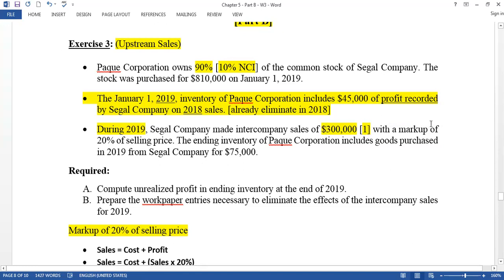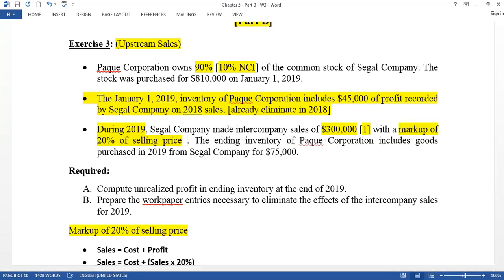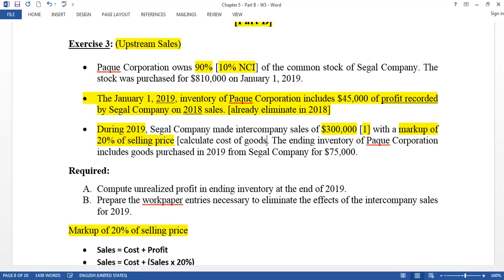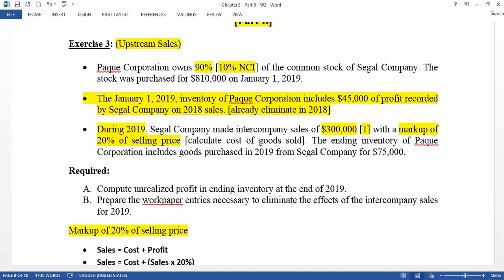When the subsidiary company sells to the parent, how do they determine the selling price? They said that it is with a markup of 20% on selling price. That means based on this information, you have to calculate cost of goods sold, because this question only gives you the sales amount.